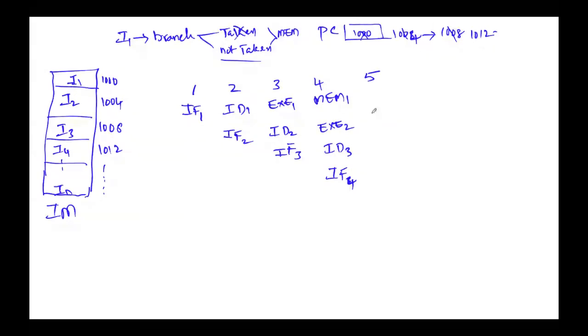At the fifth cycle, instruction 1 goes into write back.